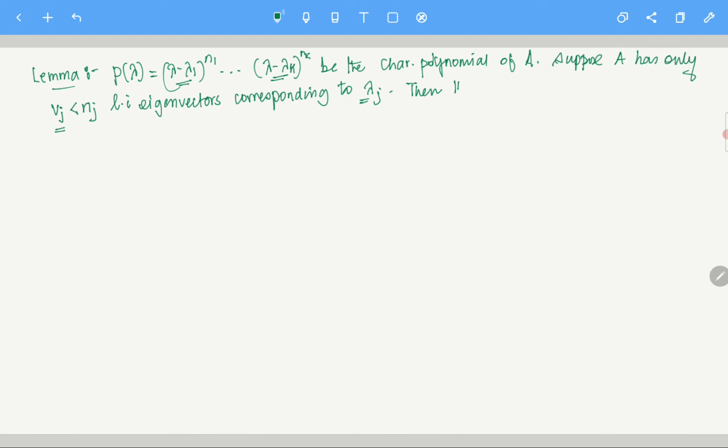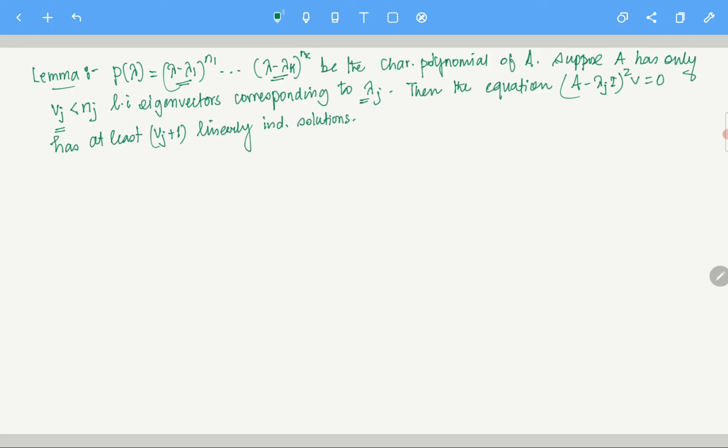the equation (A minus lambda j I) squared v equals 0 has at least vj plus 1 linearly independent solutions.